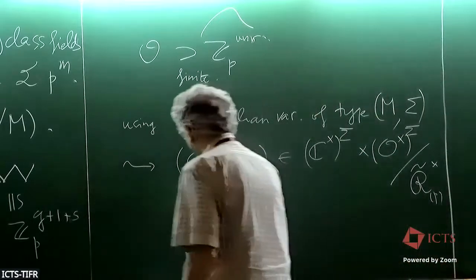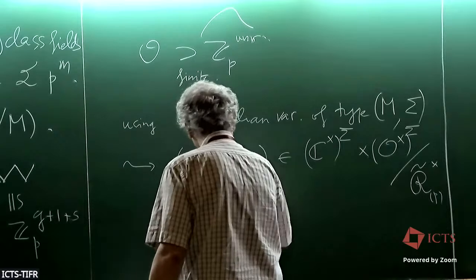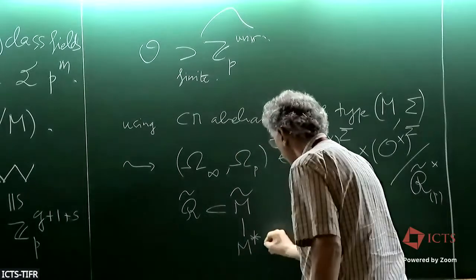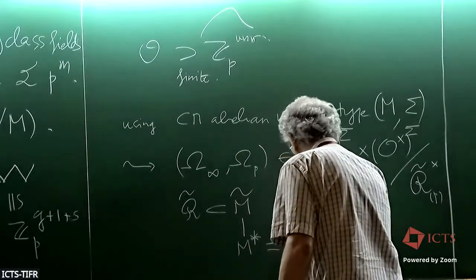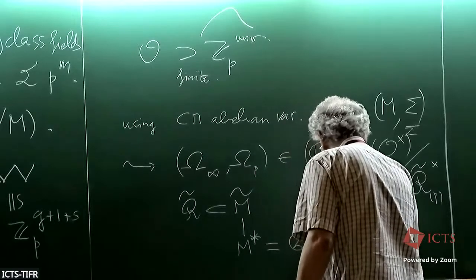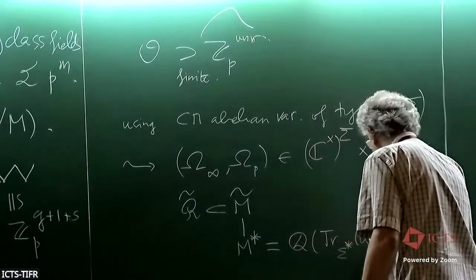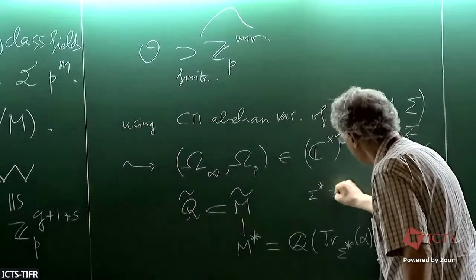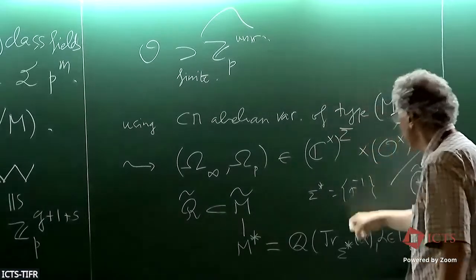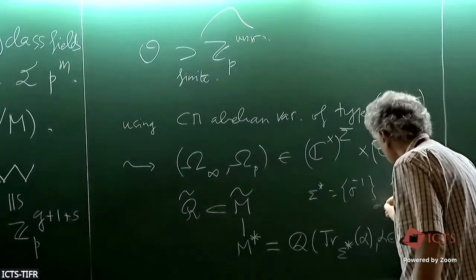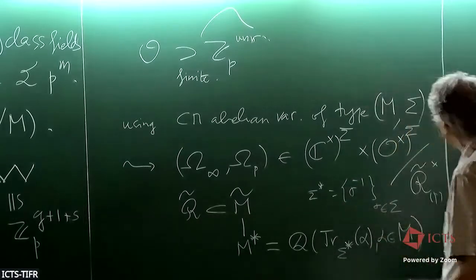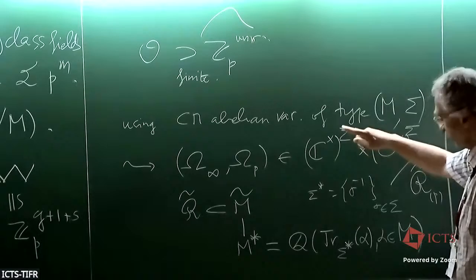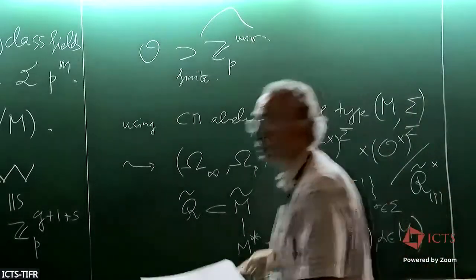So R tilde is the ring of integers of the finite abelian extension of the reflex field of M. So the reflex field is the field generated by the reflex trace of elements of M. And the reflex trace is given by the inverse of the elements of Sigma, in a suitable sense, diagonally, by the Sigma embeddings.